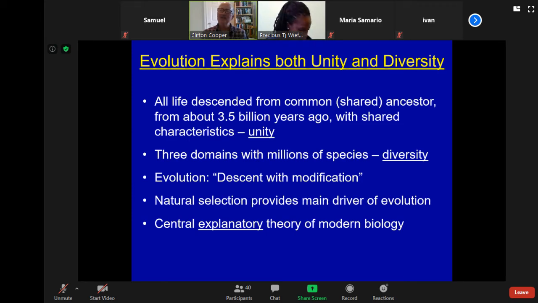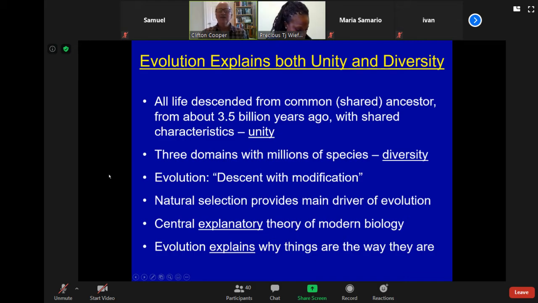Natural selection ends up giving our best model for why you have certain things being certain ways. So evolution is this explanatory theory. As we talked about, theories are supported by huge amounts of evidence, and they explain and they predict. Evolution does all of those things.